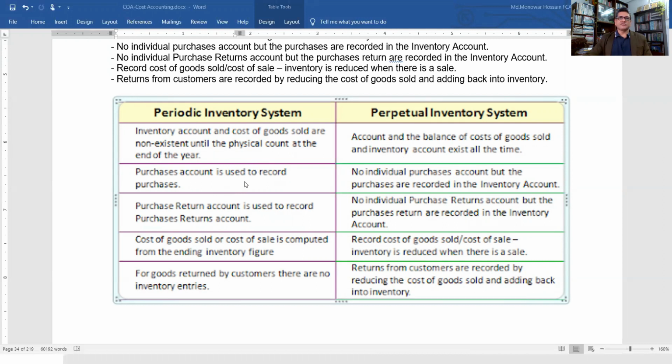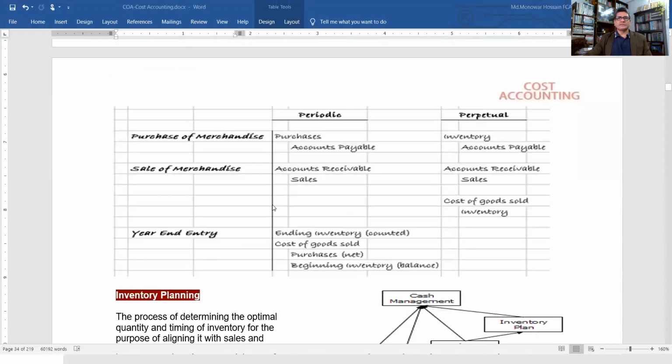The purchase account is used to record purchases in the periodic system, but in the perpetual system there is no individual purchase account; the purchase goes to the inventory account only. And look here, for purchase of inventory, periodic is purchases debit, accounts payable credit, but perpetual is inventory account debit, accounts payable credit.